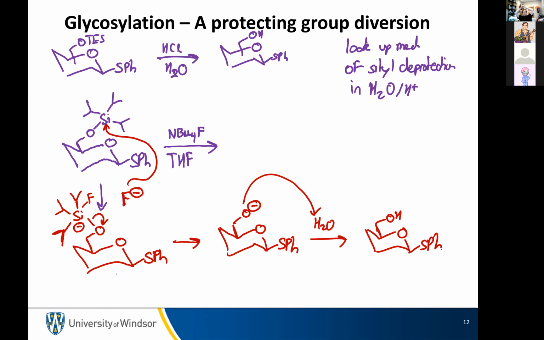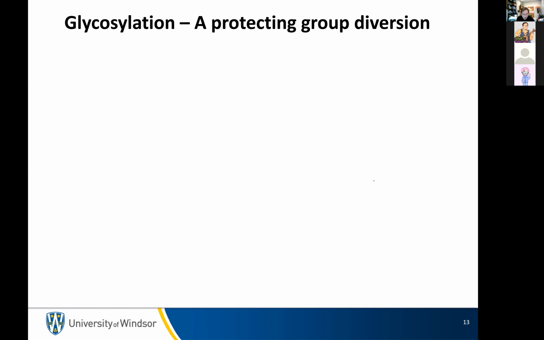The last thing I'm going to talk about today, because we're not getting through other protection groups, let alone all the other glycosylation techniques, because that was an absolutely insane timeline, which was never going to work, is how we can use silicon to do something a little bit different. Let's say I have a slightly different reagent here.